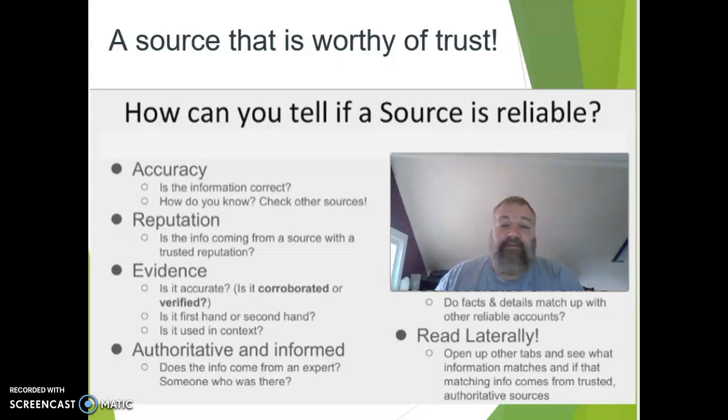Do they provide evidence? If they put some statement out there, do they actually link something to say that this is true? If I told you 98% of Americans own Ford F-150s, the first thing you would say is, well, that's wrong.